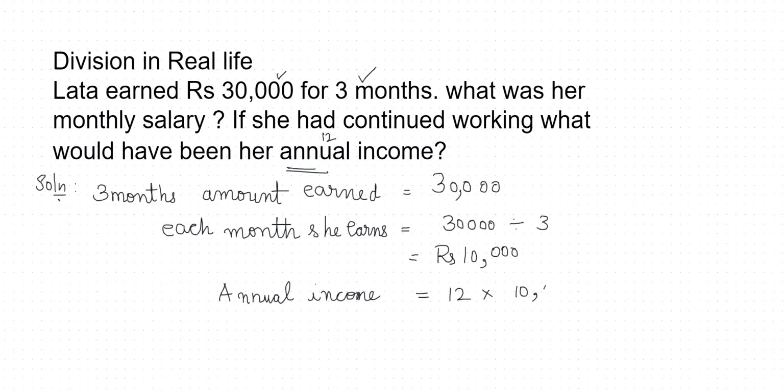How should you multiply with so many zeros? 1, 2, 3, 4. So 12 followed by 4 zeros. That is it. Which is going to be rupees 1,20,000.